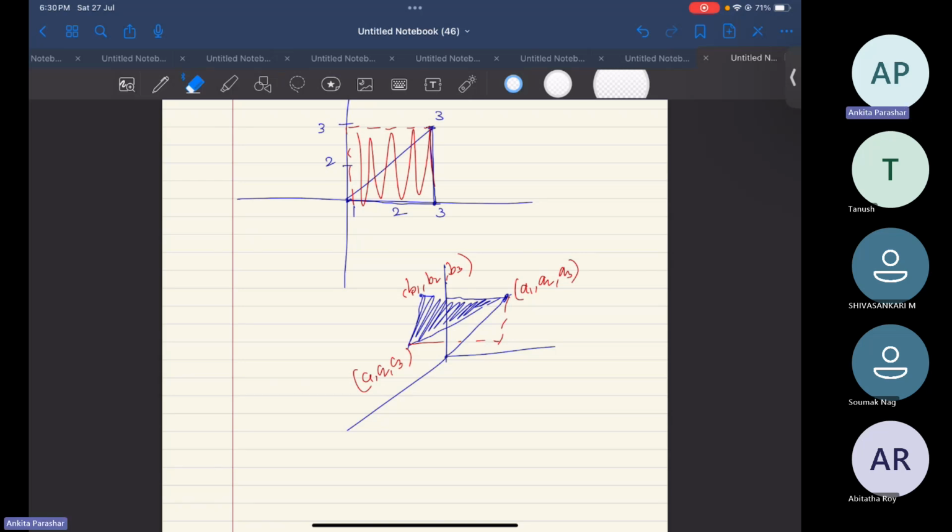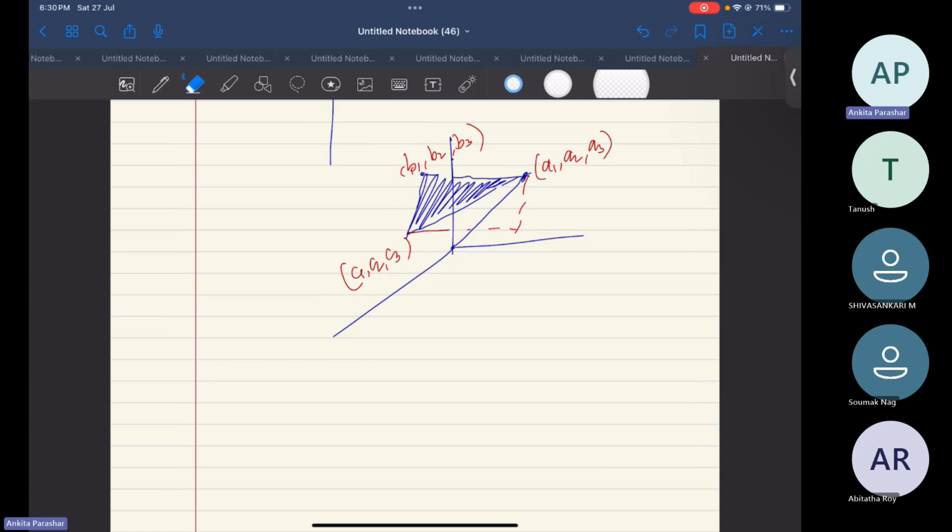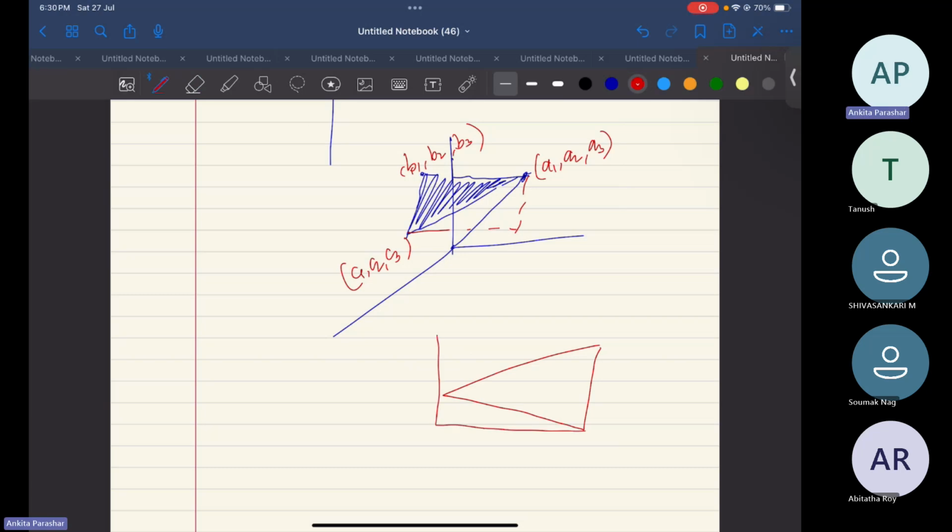One more thing, if you want to see this part once again, you can do one more thing. Just suppose your triangle is this, then you can simply fill it up, not exactly filling it correctly, but if you have to, you can fill it.